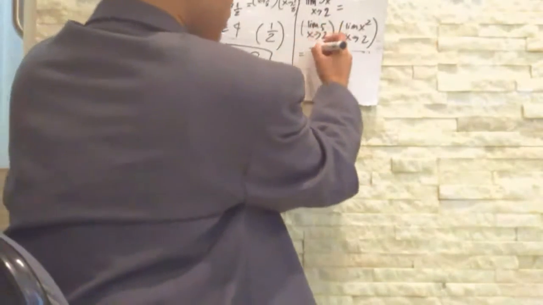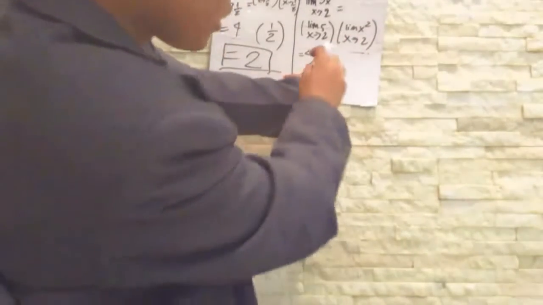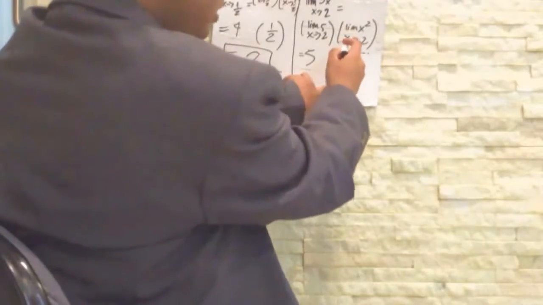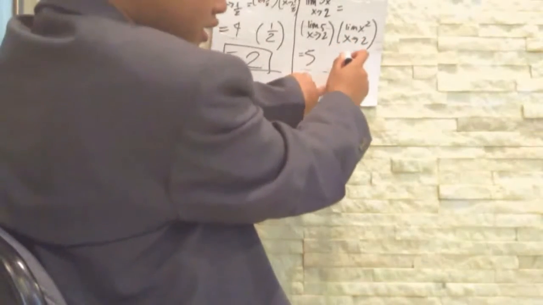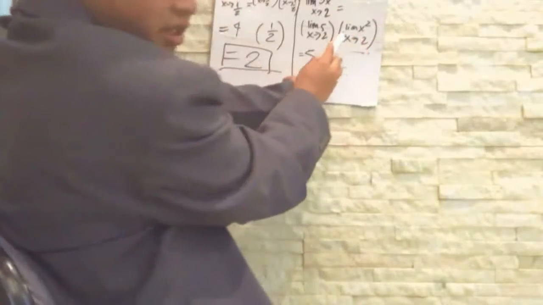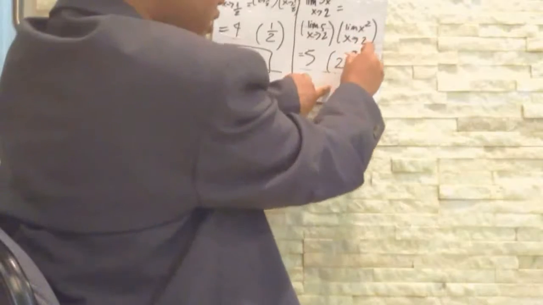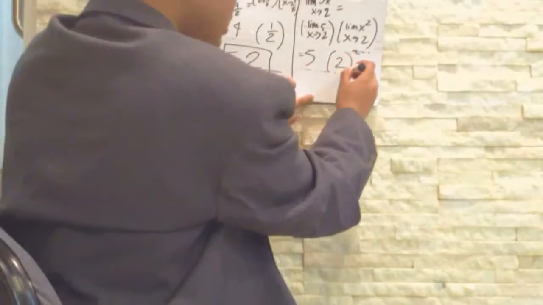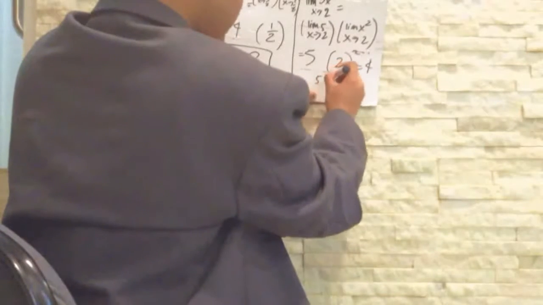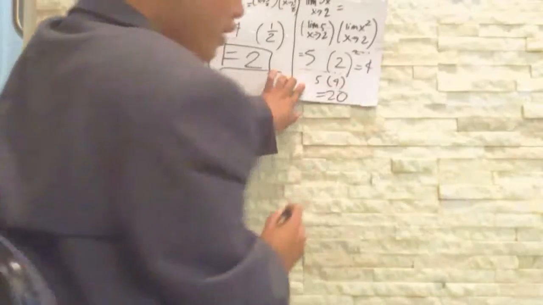The constant here is 5, we will bring down 5. For the other term, the rule of function of x, the constant given on the second term is 2, but the x there is squared, so we will square the 2. The answer will be 4. So 5 times 4 is equal to 20.